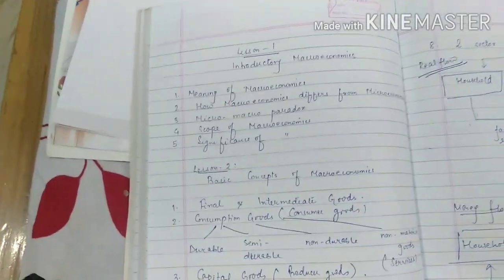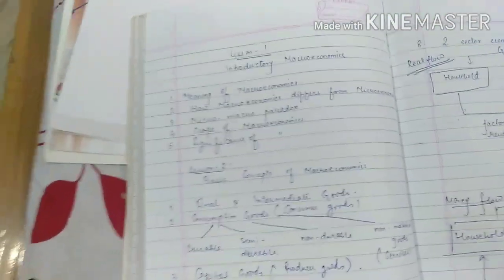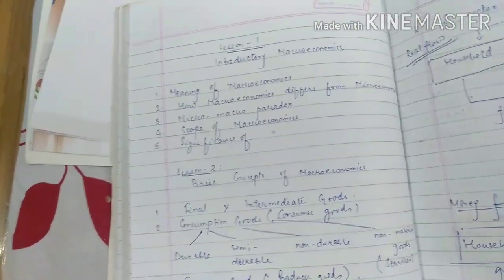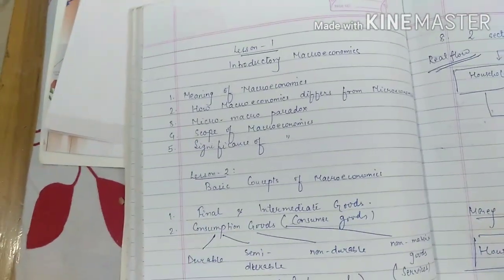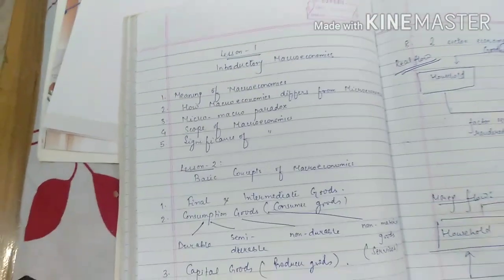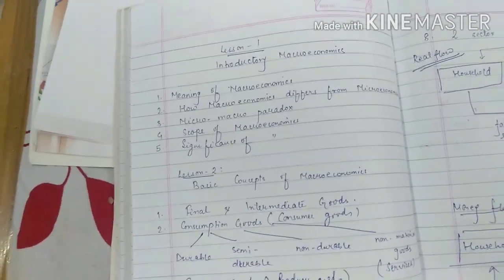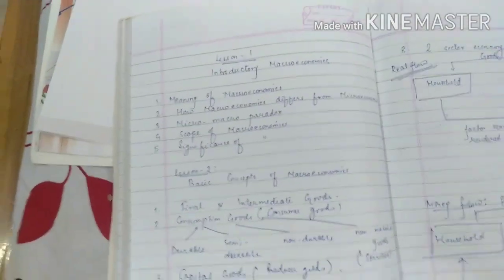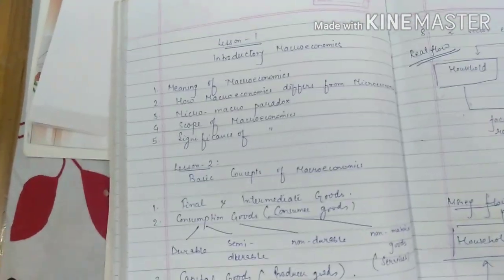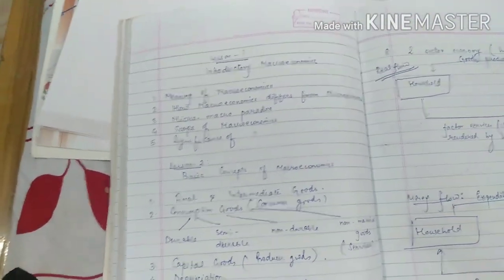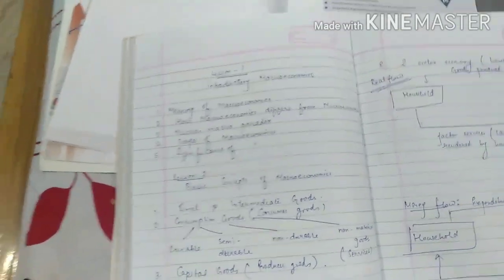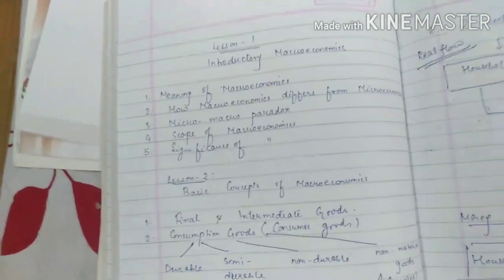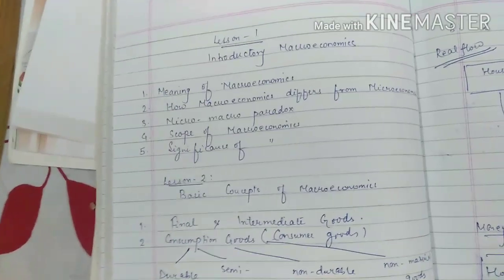Let's suppose savings. There is a tendency of every individual to save something out of their income. When an individual saves some money, generally he does it for his future prosperity or future events, so that he can have some money if any unfortunate circumstance arises.